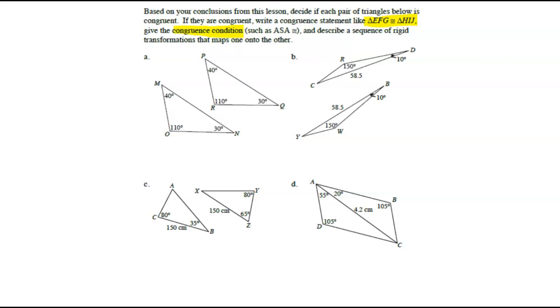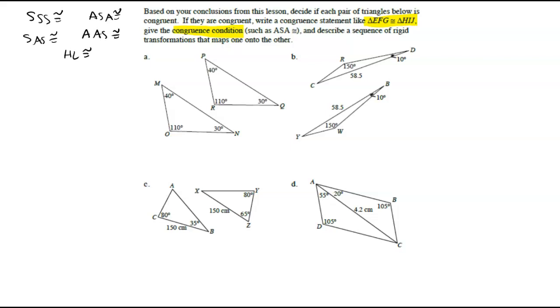Okay, so if you paused the video and unpaused it, you should be asking yourself how you're doing. Remember, everything should map onto itself. Now this has an angle, an angle, an angle: 40, 110, 30 degrees. All my angles match up. But again, I had SSS to choose from, SAS, ASA, AAS, and hypotenuse leg.